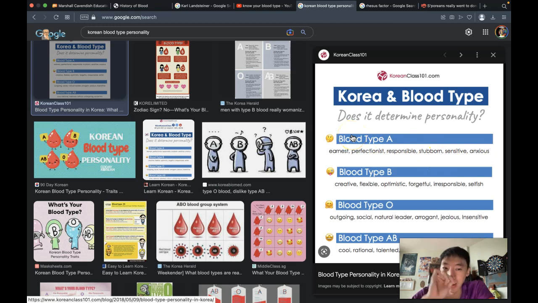Okay, I'm personally a blood type A. I would say that I'm responsible, but the rest not very true. I'm a little bit more towards the blood type B kind of personality actually. So yeah, you ask yourself whether this is true or not.